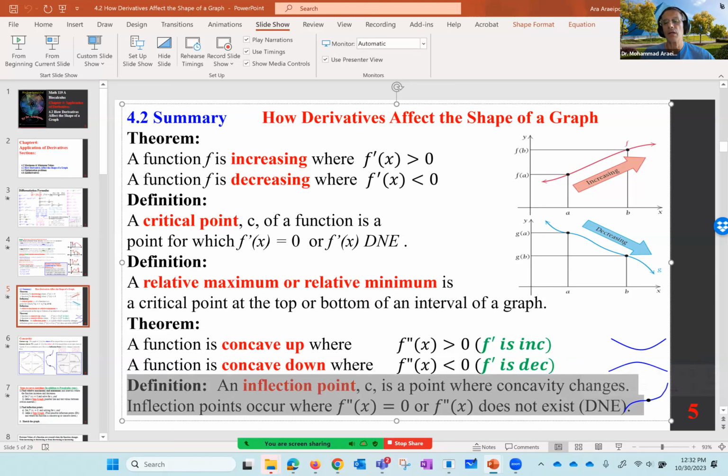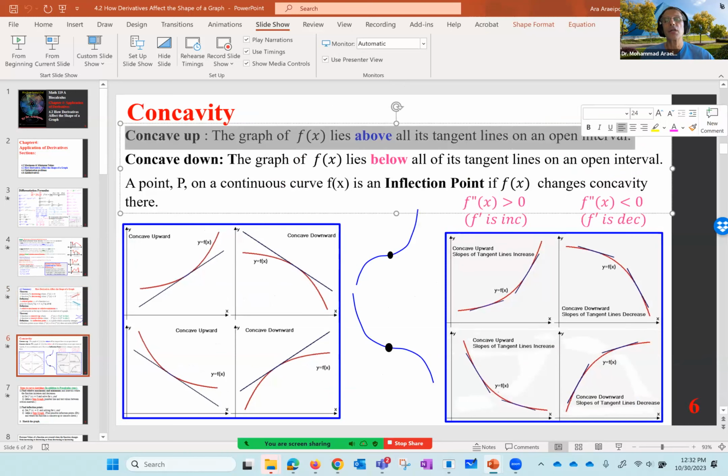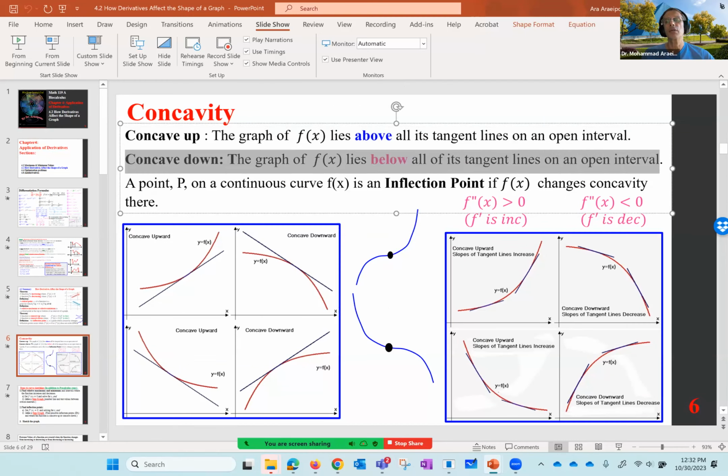When concavity changes, it gives rise to an IP, or inflection point. If a function is concave up, the graph lies above all its tangent lines, and if it's concave down, it's below the tangent lines.